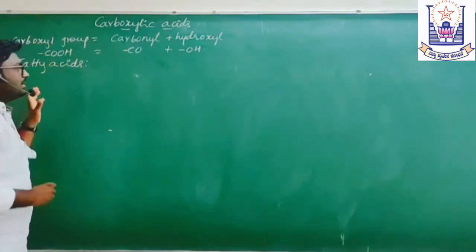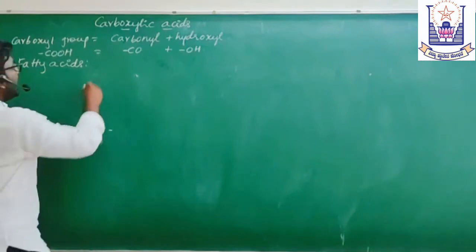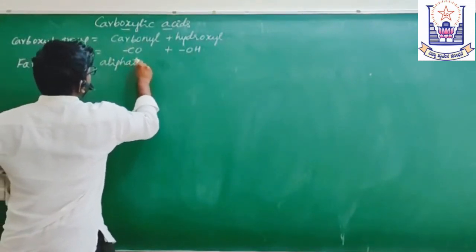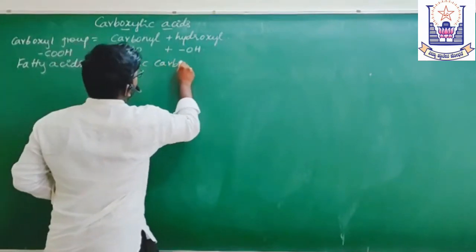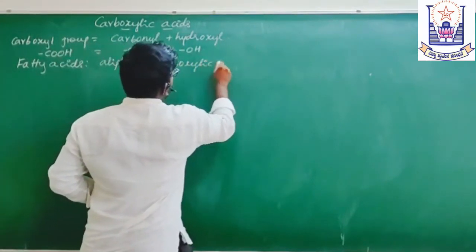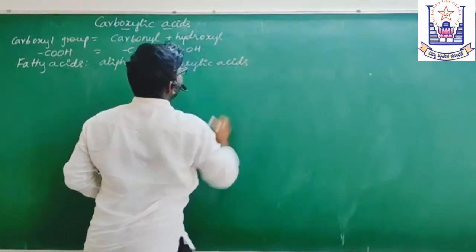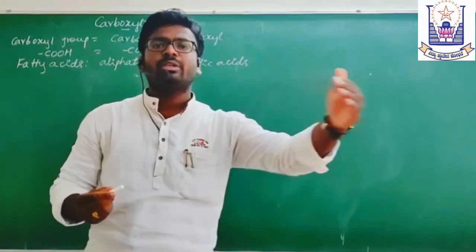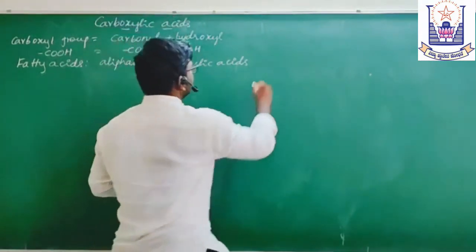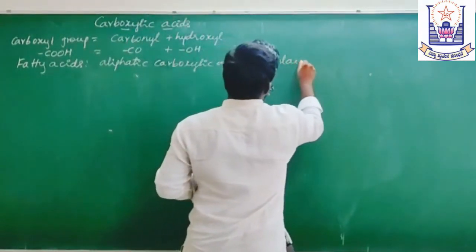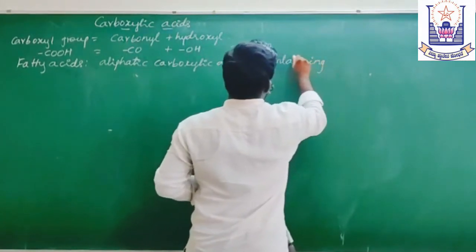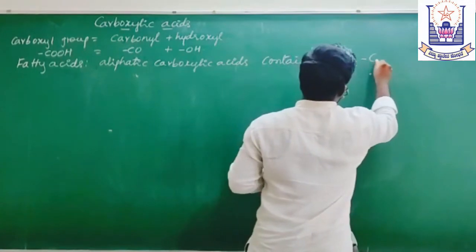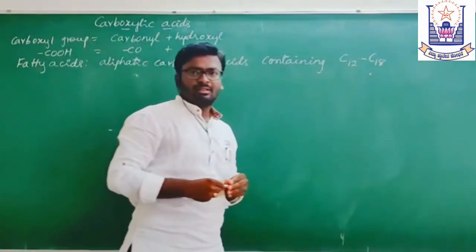But here these are aliphatic carboxylic acids containing carbon atoms from 12 to 18.